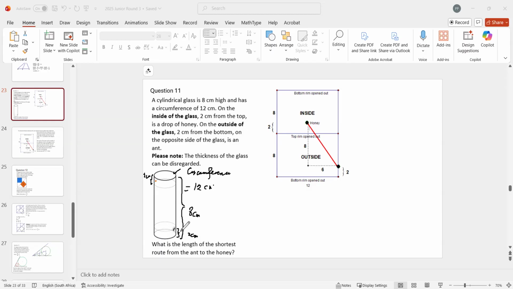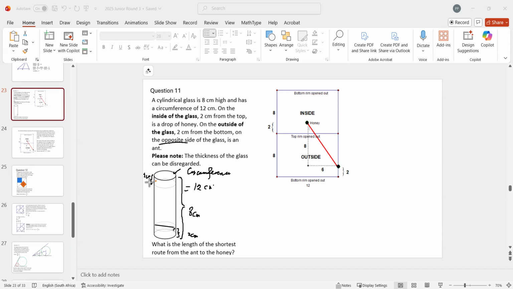But there's one important thing. On the opposite side of the glass is an ant. So when you say opposite side, it means that if you draw the diameter of the circle, the diameter must be opposite.